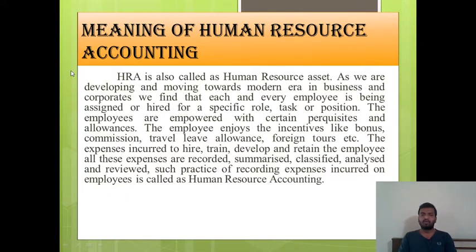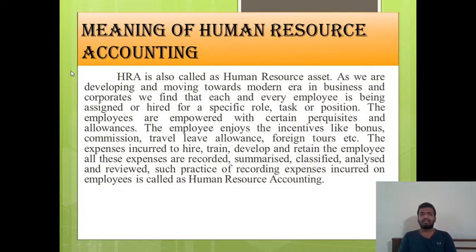Probably no. But in the business world, mostly the corporate sector treats human resources as their asset, because a cream human resource will make more profit for that organization. HRA is also called human resource asset. In the very first line we have described it, that human resource accounting is also called human resource asset.